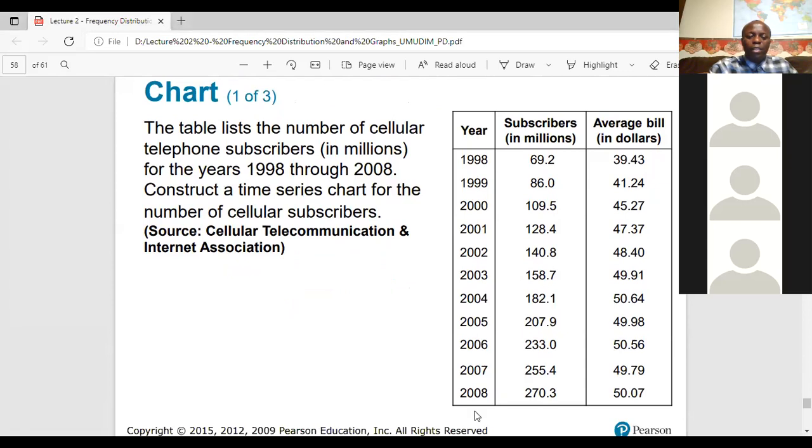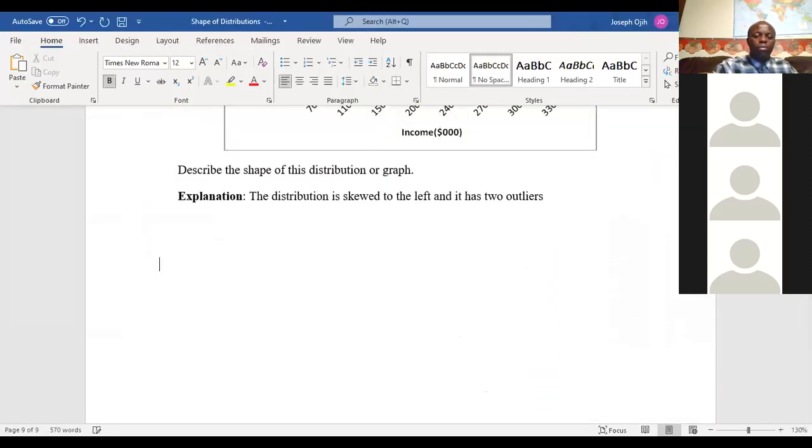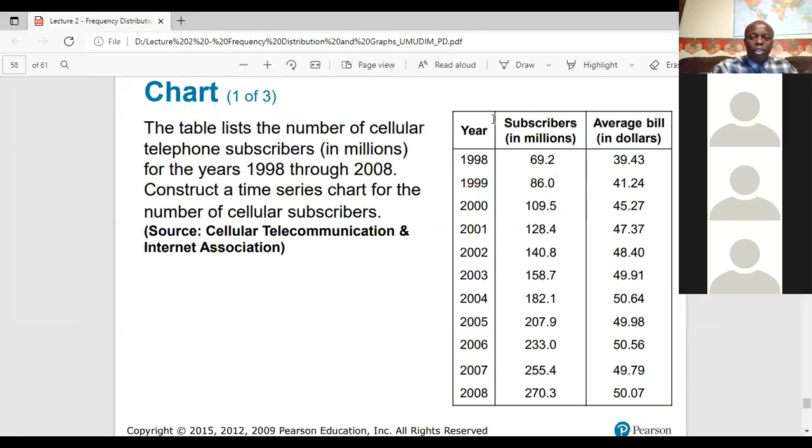You know how you do your graphing in your algebra class, where you have the x-axis. In this case, they give us a set of data with the year and the number of telephone subscribers.